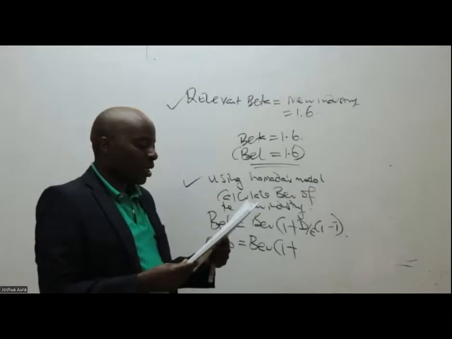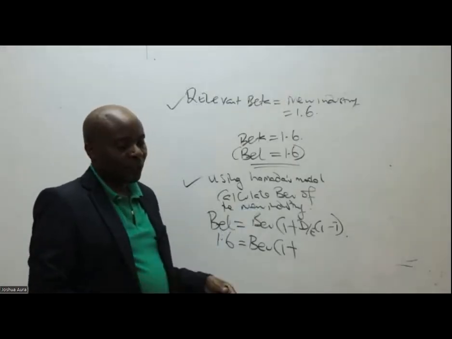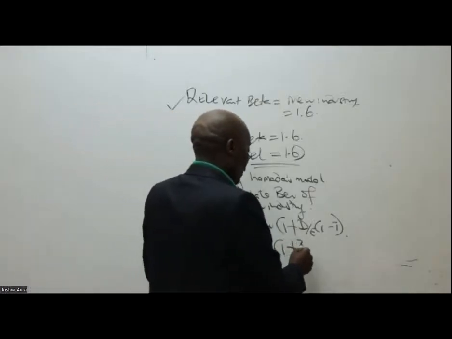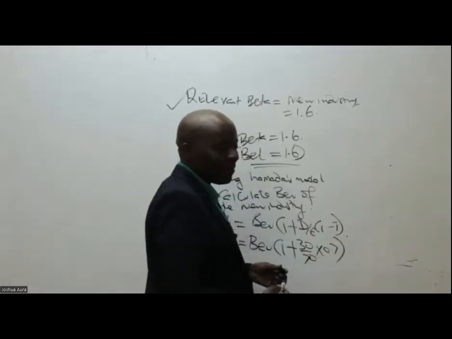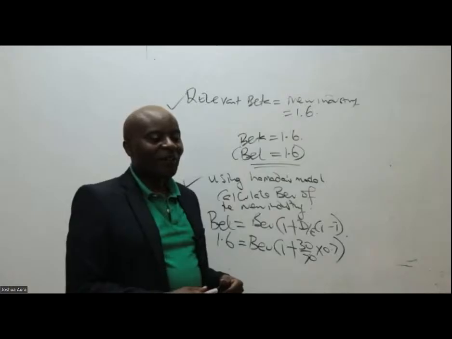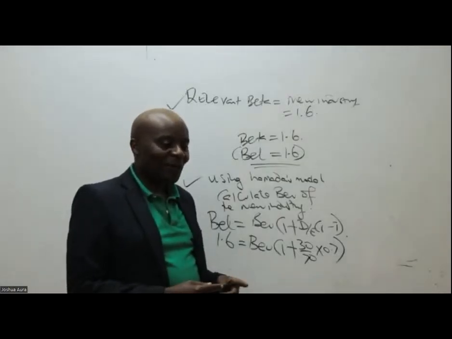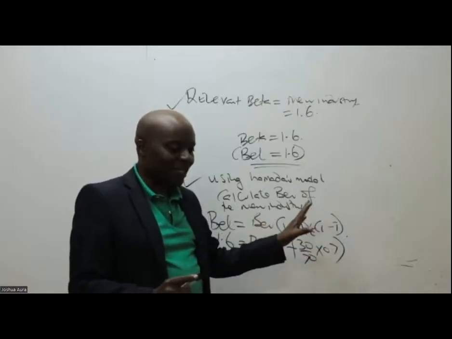The new industry, which is the electronics industry, debt is 30%, equity is 70%. So 30 over 70 into 0.7, since 1 minus 30% tax.